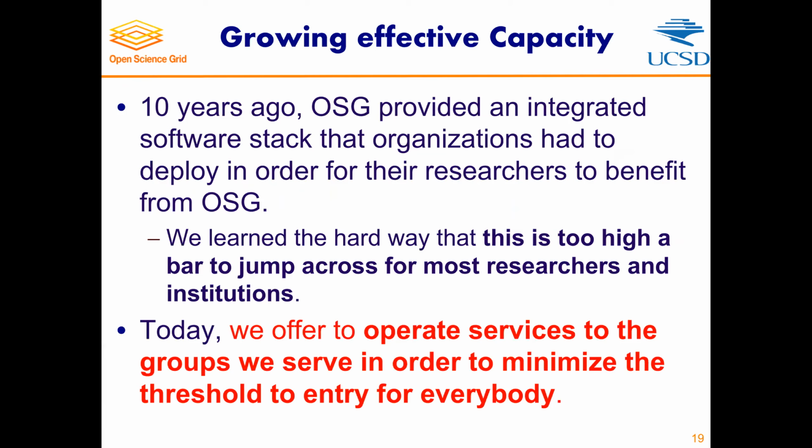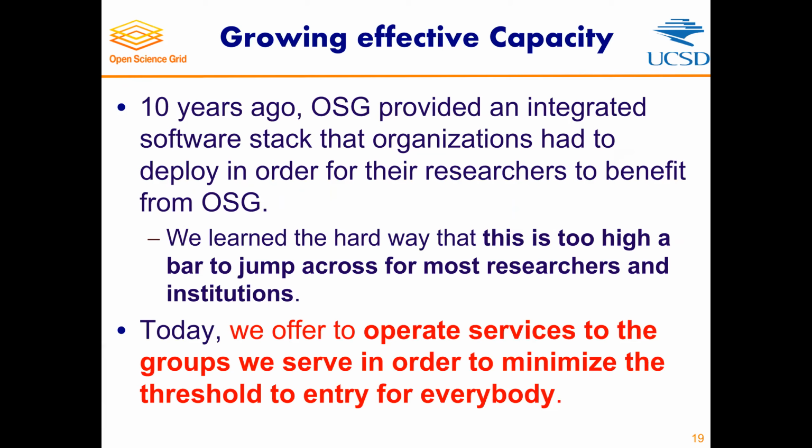So today we offer to operate services for the groups we serve, those four types of groups that I mentioned earlier, in order to minimize the threshold to entry for everybody. That means anything we offer in terms of software for you to install, we also operate ourselves. That has two benefits.